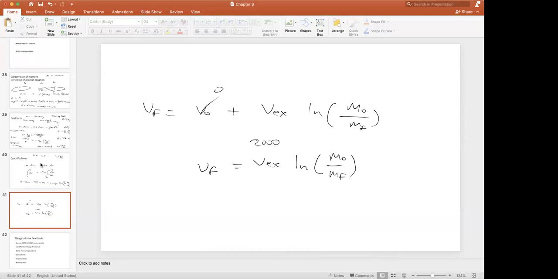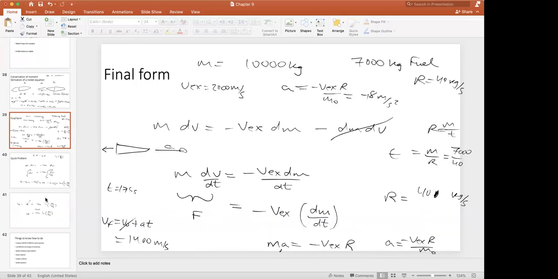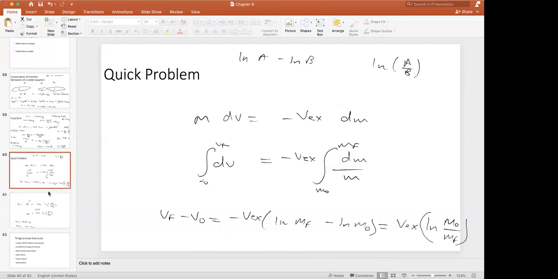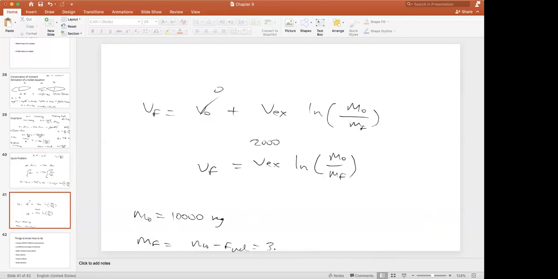Our m initial was the weight with the fuel, 10,000 kilograms. Our m final is m initial minus fuel. And we said fuel was 7,000, so this is 3,000 kilograms. So we get ln of 10,000 over 3,000, or 10/3, and 2,000.